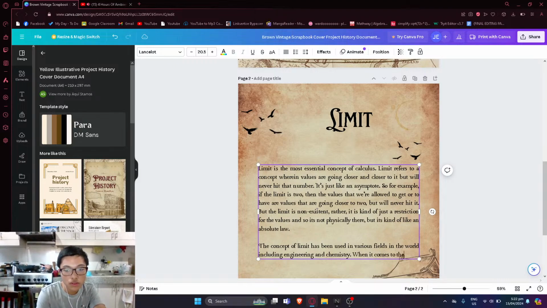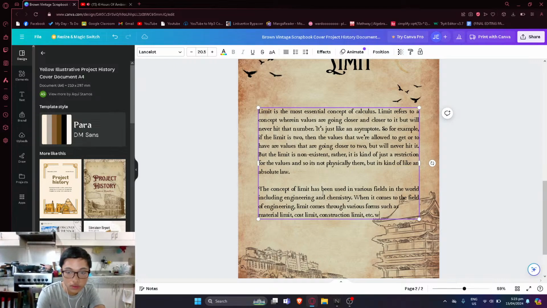When it comes to the field of engineering, limit comes through various forms such as material limit, cost limit, construction limit, etc., which are important in determining the safety of the building.